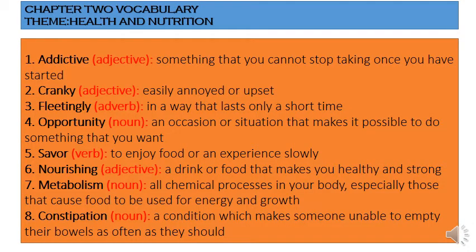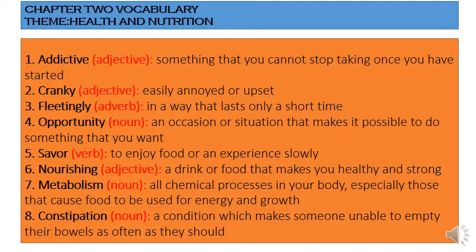Now we are going to move to the vocabulary words related to this lesson. The first vocabulary word is addictive. Of course, you know, when we say that this person is addicted to something, he is addicted to video games, addicted to drugs. Addicted means he cannot stop.